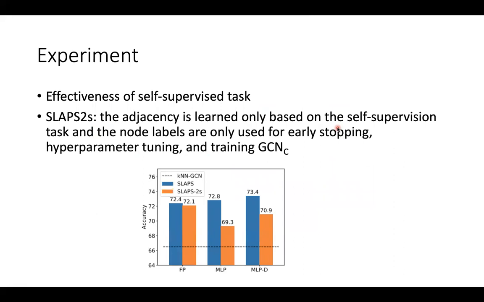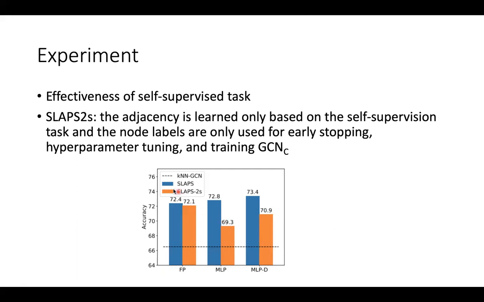So you see, here are the results for its original model, and this is a model where the structure is only trained on the self-supervised task, and this is the performance of just using this KNN-based GCN, meaning that the graph structure is not learned, but it is just assumed that the latent graph structure is obtained from a KNN output.